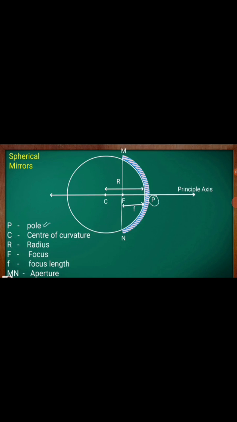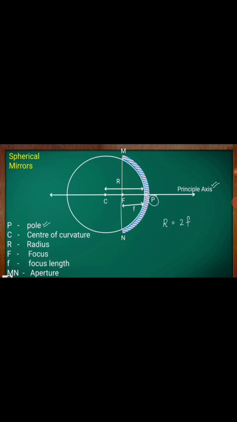Focal length is the distance of the pole of the mirror from the principal focus, and aperture is the effective diameter between the reflecting surface of a spherical mirror, and principal axis is an imaginary line having the center of curvature, pole of the mirror and the principal focus lying on it. That axis is known as the principal axis. So I hope you have understood all these, children.